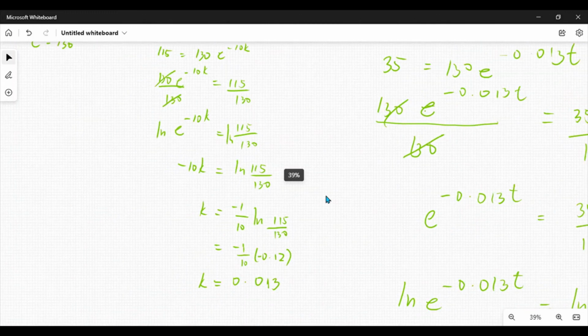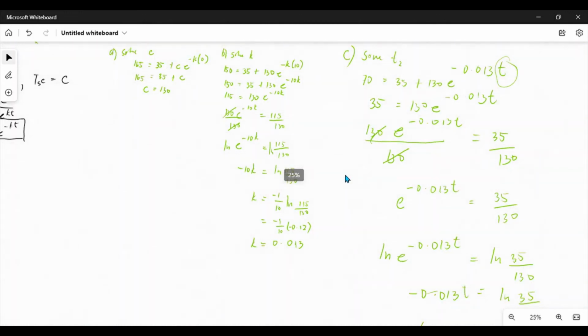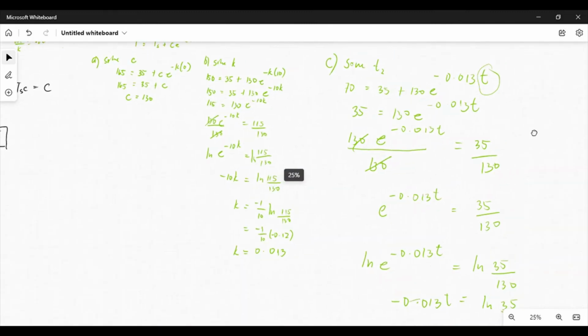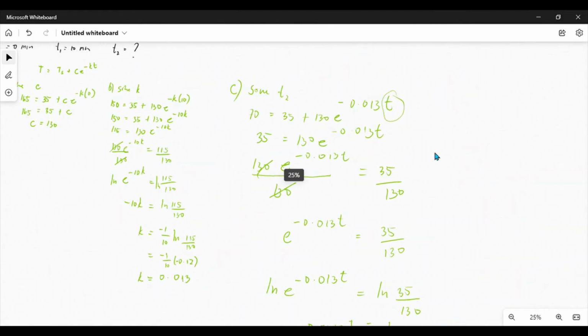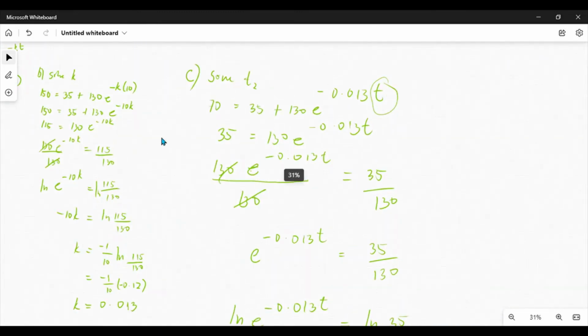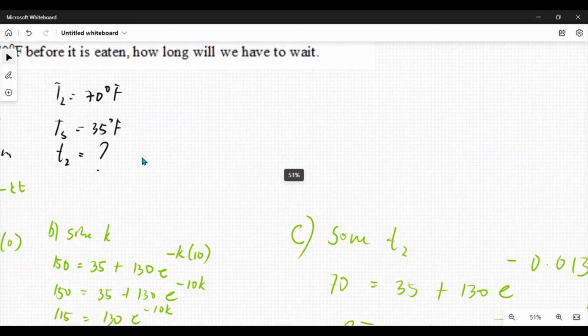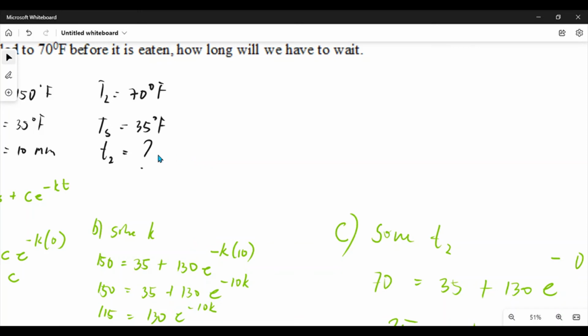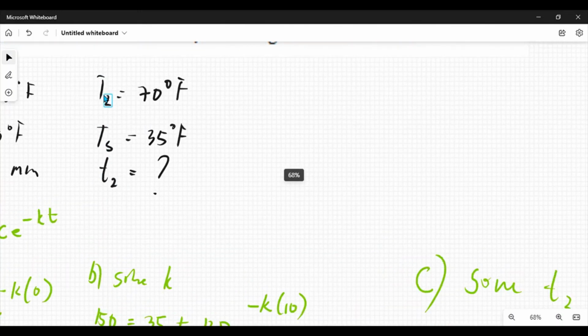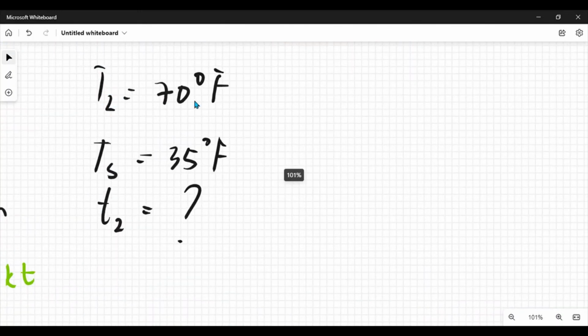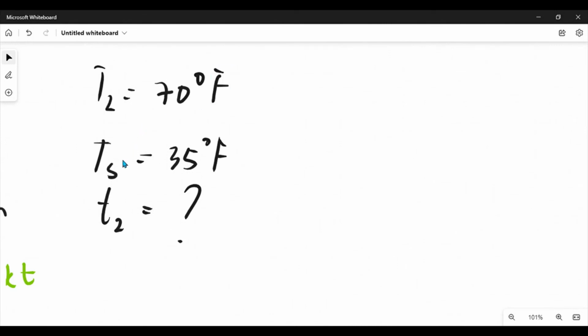Now we are ready to solve t sub 2 because we now have our k. In solving t sub 2, we need to use the third set of data. So our desired temperature here is 70 degrees Fahrenheit. Our T sub s, the temperature of the refrigerator as it is, is 35 degrees Fahrenheit.